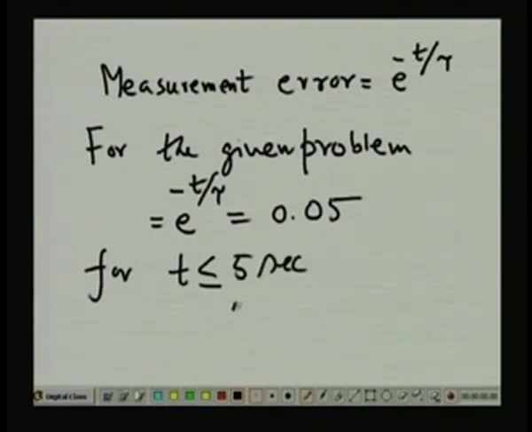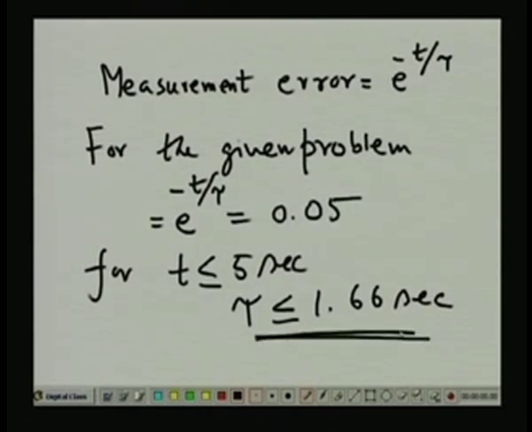Tau will become less than or equal to 1.66 seconds. That means the time constant of the system should be less than or equal to 1.66 seconds, right. If the time constant of the system is less than or equal to 1.66 seconds, then 5% is allowed, I mean after 5 seconds a 5% tolerance band, or 5% dynamic error, can be allowed, right.